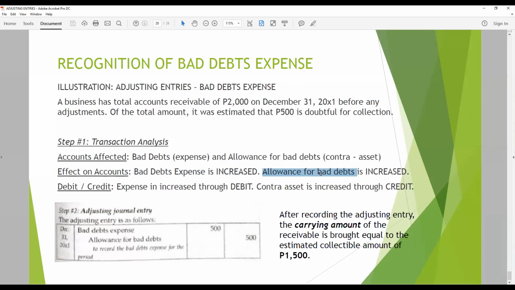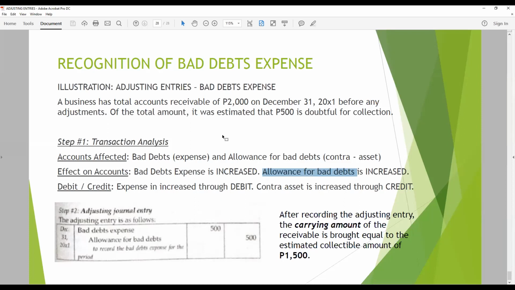Until such time, i-reverse nyo na to kapag sure na kayo na hindi na kayo mababayaran, ira-write off nyo na yung receivable. Allowance pa lang siya kasi may chance pa na makolekta nyo siya. Baka magkamilagro na nagkapera yung debtor nyo. So, allowance nyo lang siya i-record. Kapag na-collect nyo naman siya, i-reverse nyo lang.